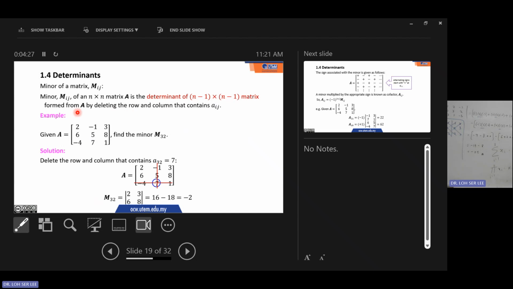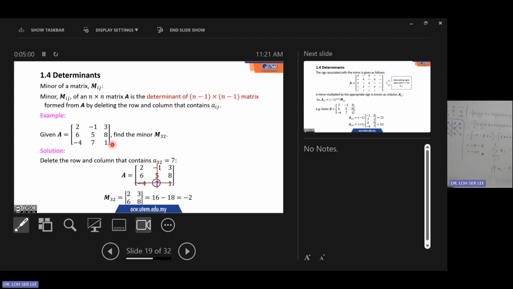For example, you are given this matrix A. Now we want to find the minor of 3, 2. First of all, you have to identify the location of 3, 2. 3, 2 means row number 3, column number 2. So this is the location. Now we want to find the minor of this location. To get this, you just remove the row and column that contain this.